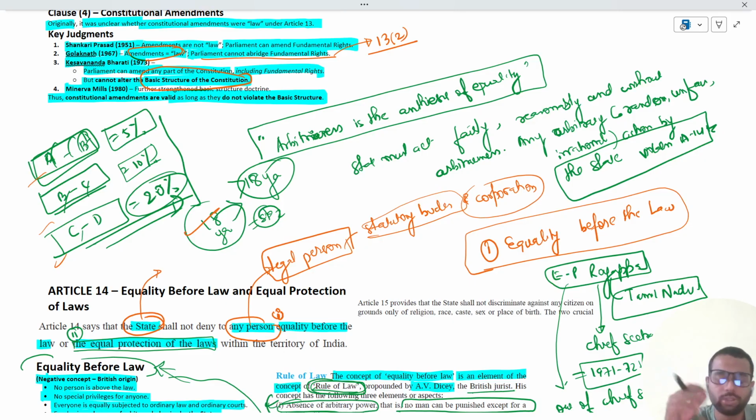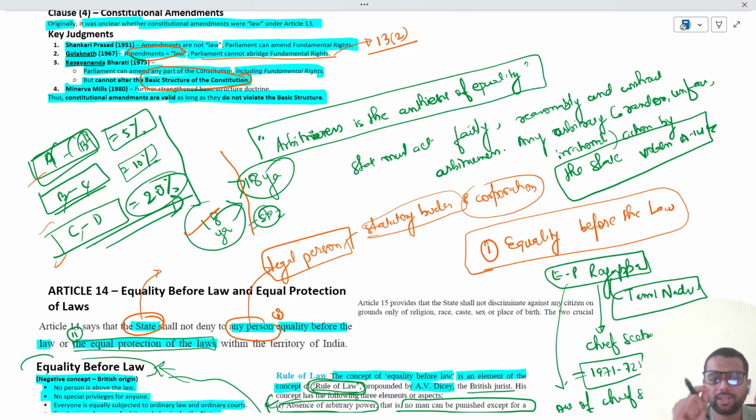Basically, you ask yourself: why are you treating the group of people differently? Is there any basis for treating this group of people differently? Is the difference that you are making between these two groups, for example, above 18 years of age and below 18 years of age, logical and not arbitrary?